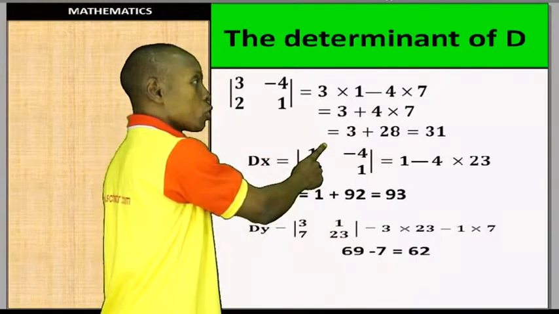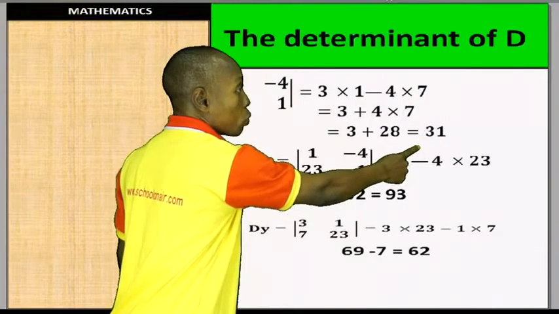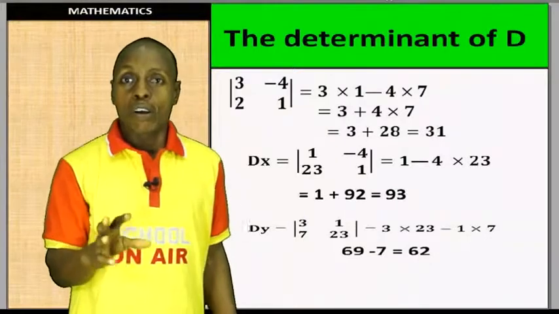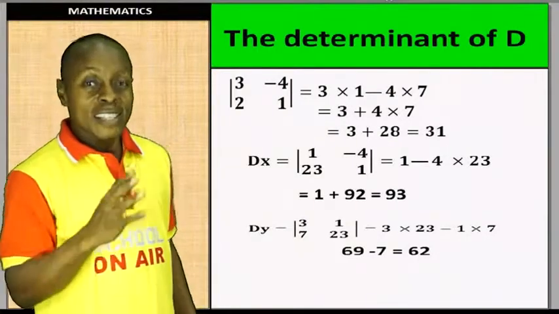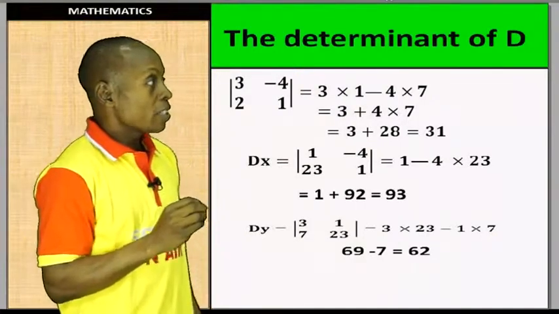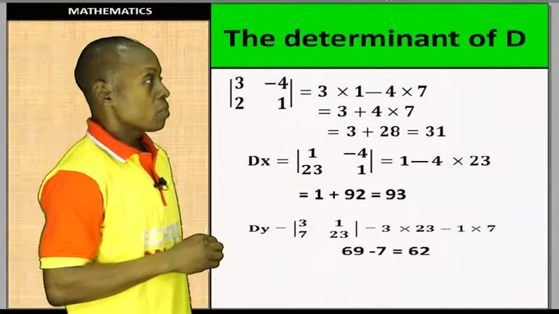When you add 3 plus 28, you get 31. That one we call the general determinant of the two equations, represented by D, the general determinant of the matrix.